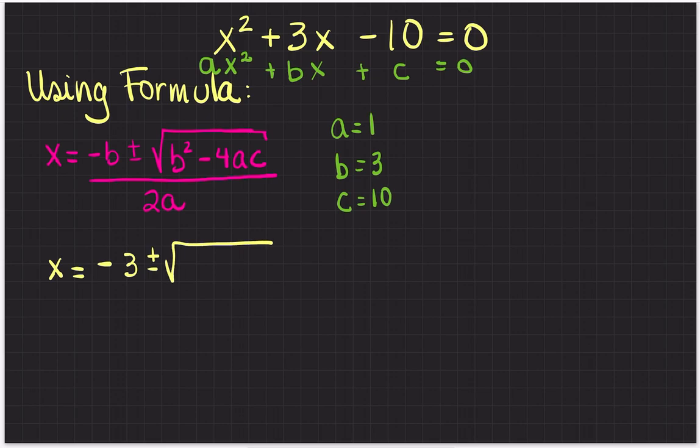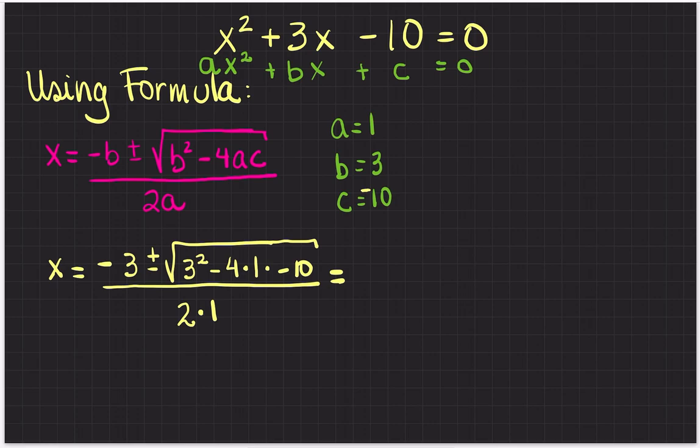Then I have b squared, b is 3, so 3 squared, minus 4 times a, which is 1, times c, which was negative 10. I forgot to write the negative here, so I wrote it just now. And all of this divided by 2a, but a is 1, so 2 times 1.